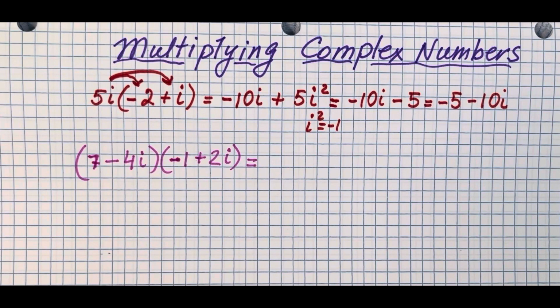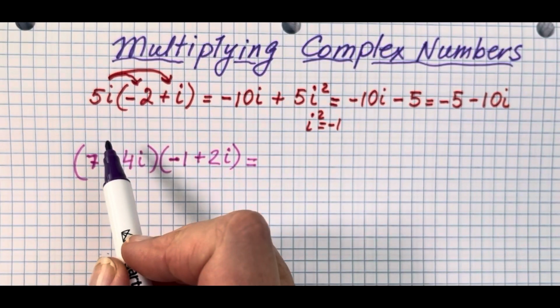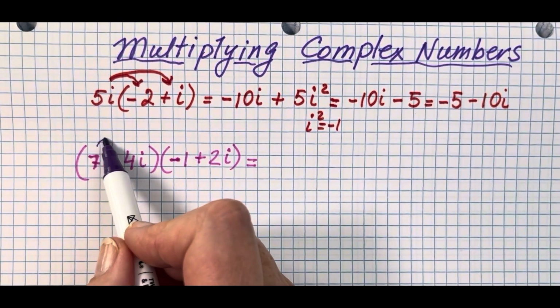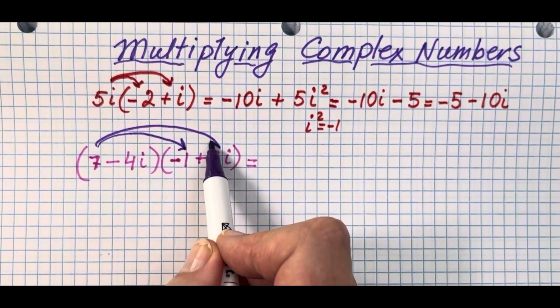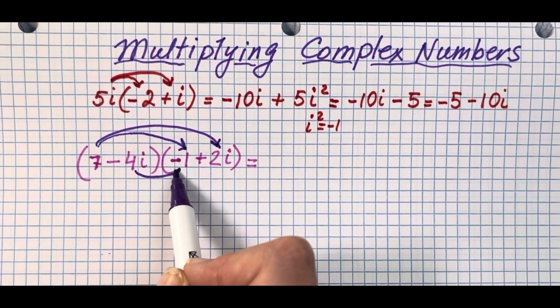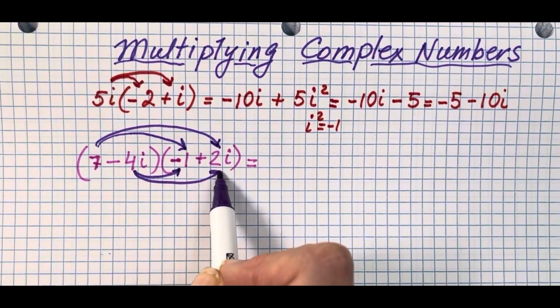And here is another one. We're multiplying two complex numbers. It's the same way you would multiply two binomials. So you remember it's FOIL, or I would say each term of the first parenthesis multiplying by each term of the second. And I'll show the way we're going to multiply.